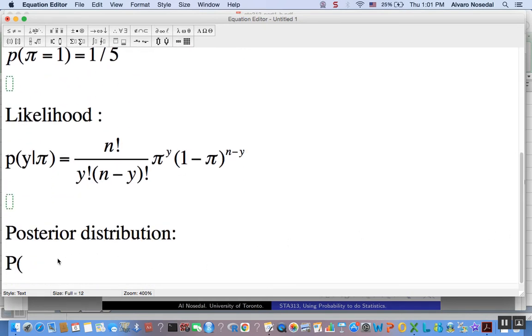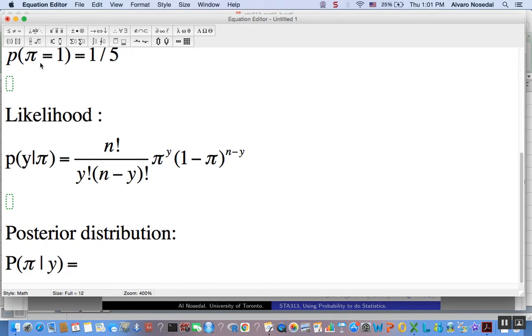So this is going to be the probability of each possible value for the parameter of interest, given that we have observed a particular sample.